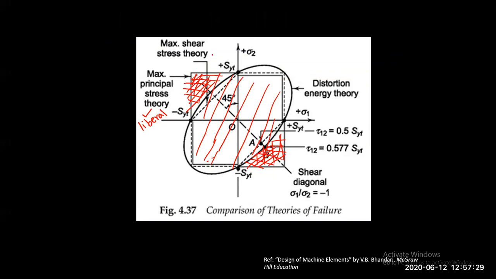This is the negative area. This left side of the x-axis here is the negative area, and here it is showing that the material is stronger. So in brittle material cases, we use the principal stress theory.